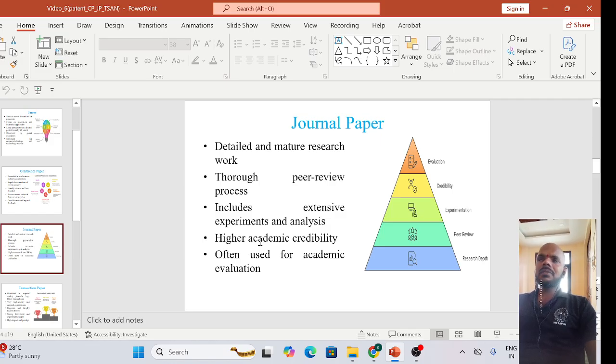In a conference paper, short and brief discussions are available, whereas in a journal paper extensive experimental research analysis is available. It has higher academic credibility and is used for academic evaluation. You have to understand the major differences between the conference paper and the journal paper.